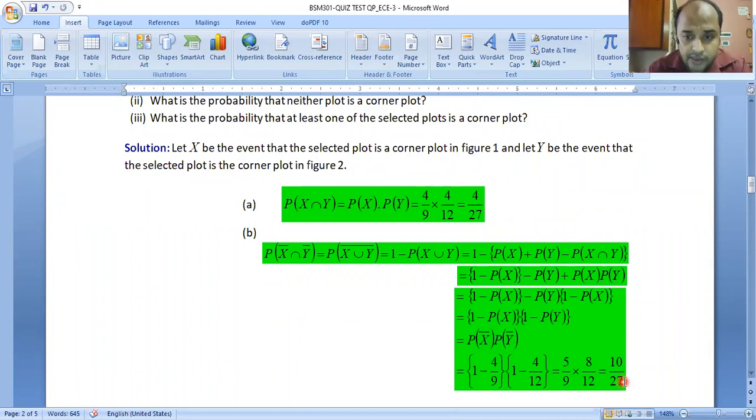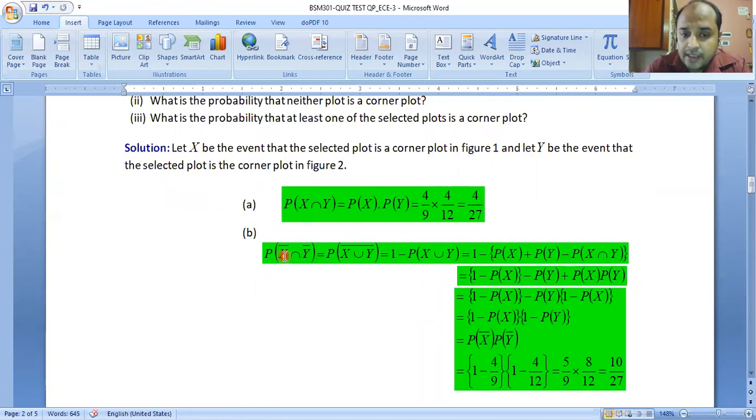But what I wanted to say to you is that during this example, I have solved one particular theorem, interestingly. What is the theorem? Carefully look into this. When we say that capital X and capital Y, these two events, are independent of one another, probability of X intersection Y becomes Px into Py.